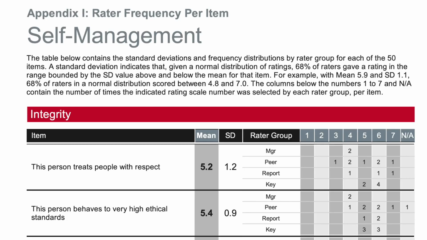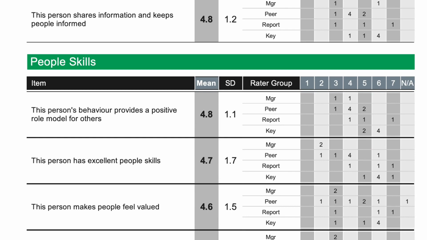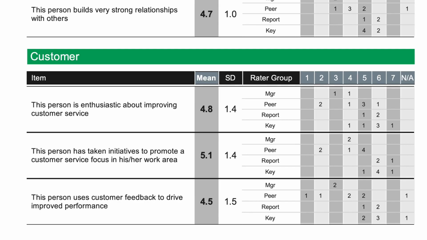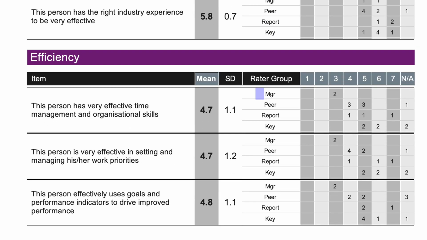The trend continues all the way through self-management, relationship management, people skills, relationship management around team player, customer, the working in the business. Very much we see the managers as quite significant outliers in working in the business. And also on the item of efficiency, they've marked him down lower.